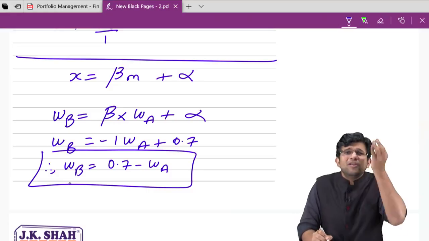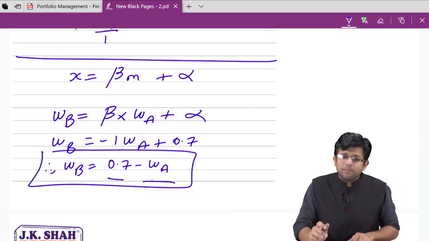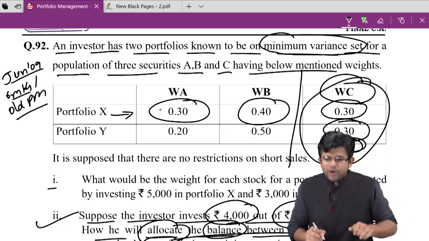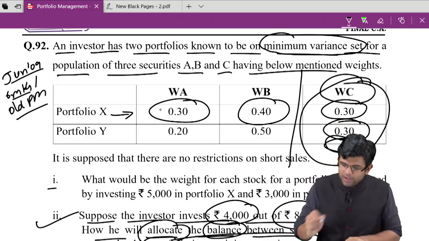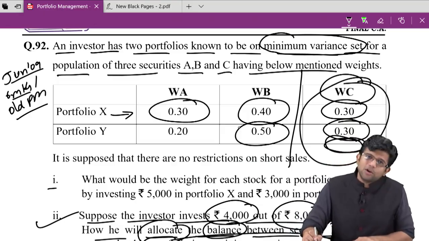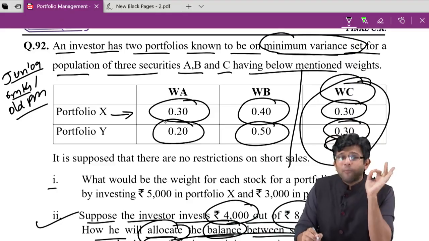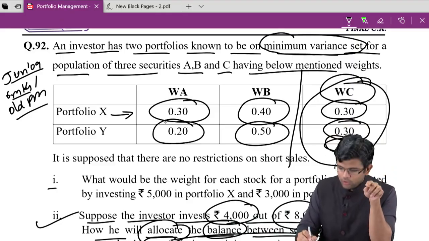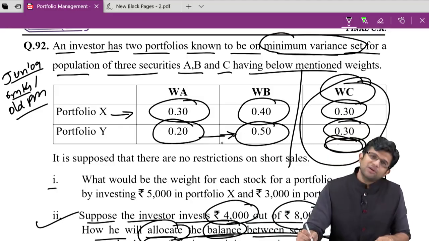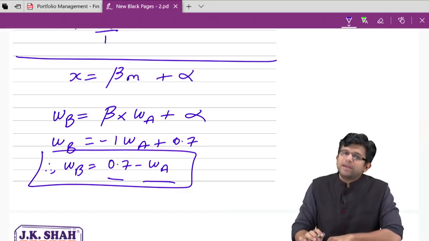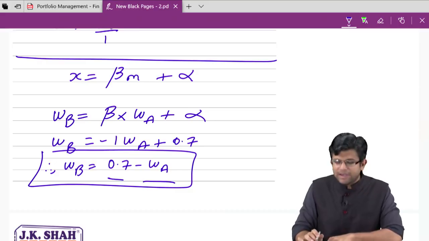They are saying WB will always be 0.7 minus WA. Can you see 0.7 minus WA? 0.7 minus 0.3 will give you 0.4. Second case, can you see WB is 0.5? Can you see, students, that WA here is 0.2? 0.7 minus 0.2 obviously will give you 0.5. That means WB does follow the equation 0.7 minus WA.